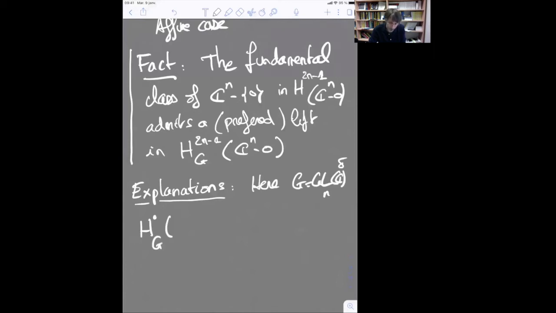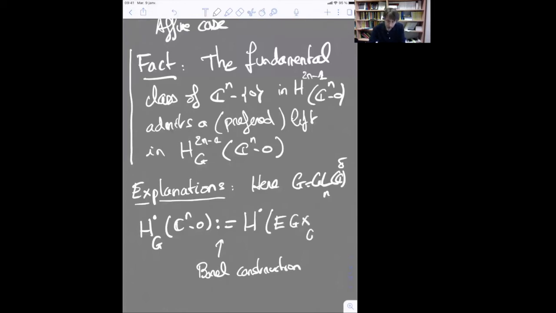Here we are considering C^n minus 0, but one could consider any topological space with an action of G. Equivariant cohomology can be defined by, and it's called the Borel construction, as the cohomology of a big space, namely EG cross G C^n minus 0.